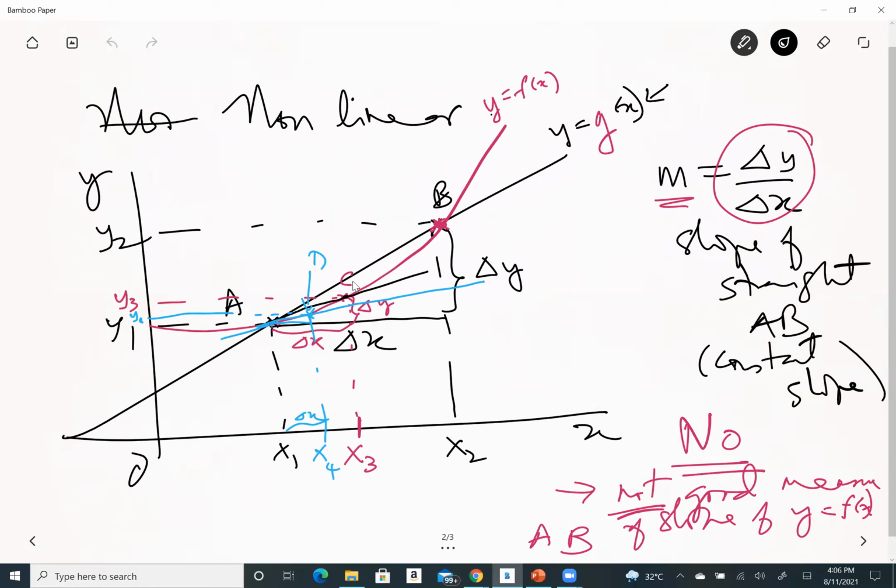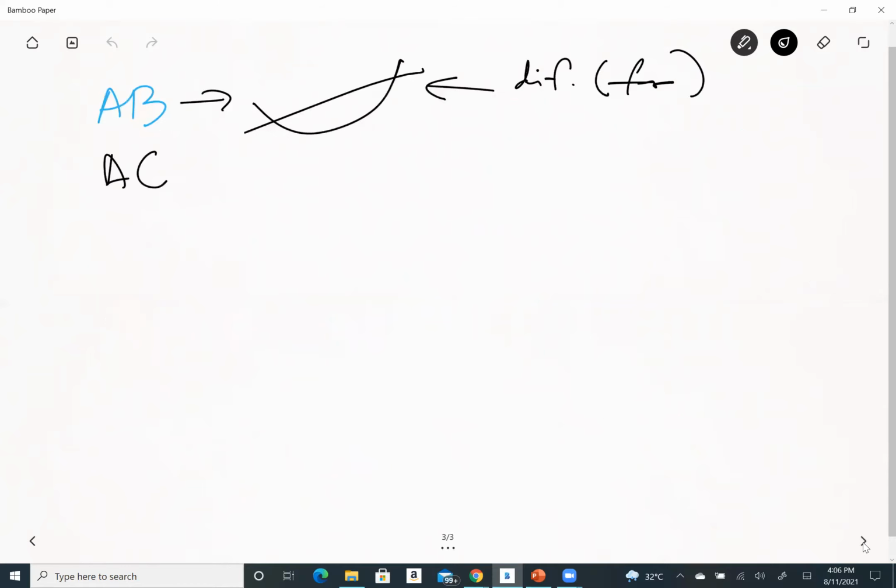And that means when they are nearer, the shapes are much more similar. For AB they are different, far. For AC, they are nearer, so in terms of difference, it will be less different.